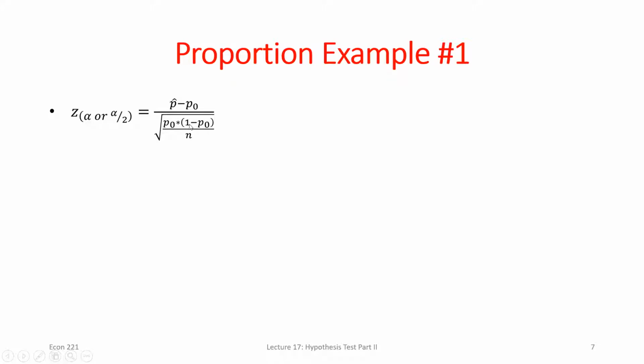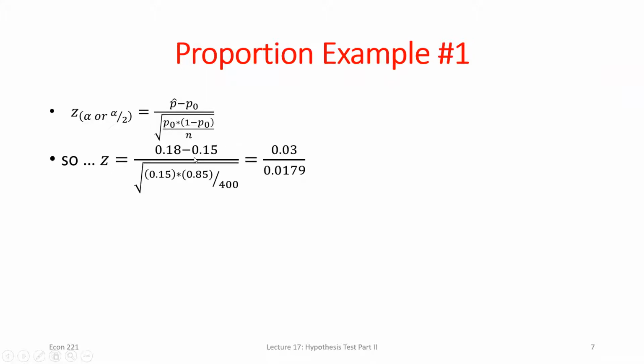This is an equation you'd have on the formula sheet as we get closer to the exam, or you can look it up in the slides as we're working through Connect problems. I'll take my sample proportion, subtract the assumed true proportion. That was 0.18 and 0.15 for us, and then we had a sample size of 400. I plug my values into that equation, and I get a test statistic of 1.68.